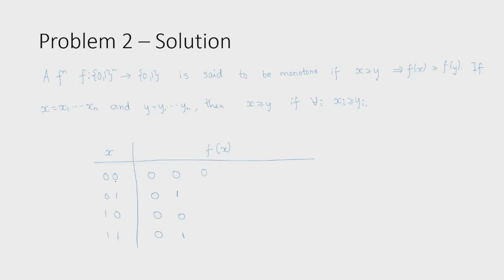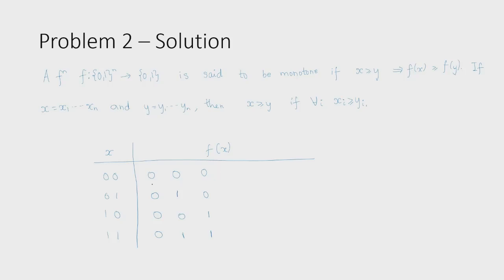Now for f(00) and f(01), both can be 0, and now f(10) can be 1. So let's try that case. Now 11 is greater than 10, so since f(10) is 1, f(11) also has to be 1. So this gives us one more monotone function.